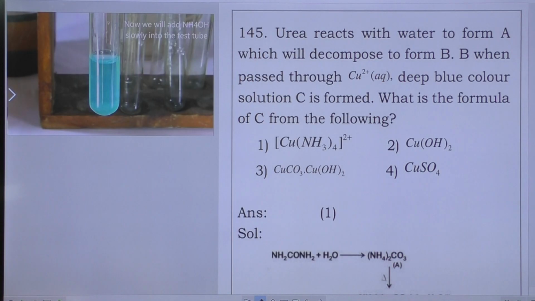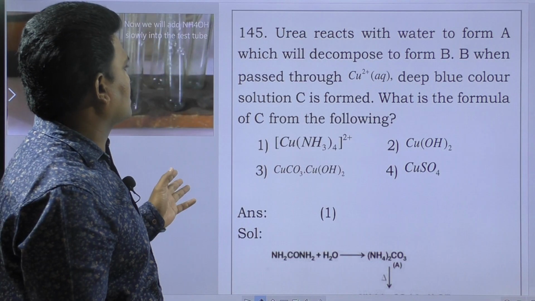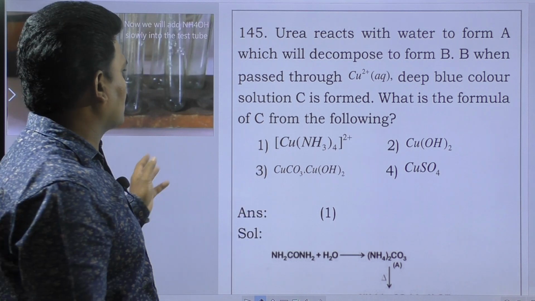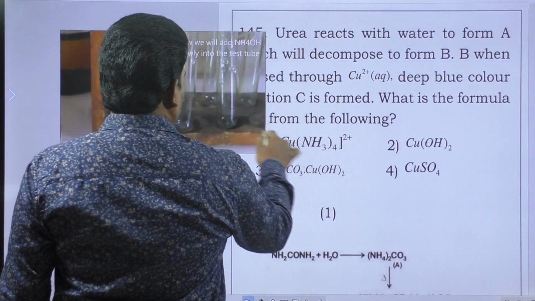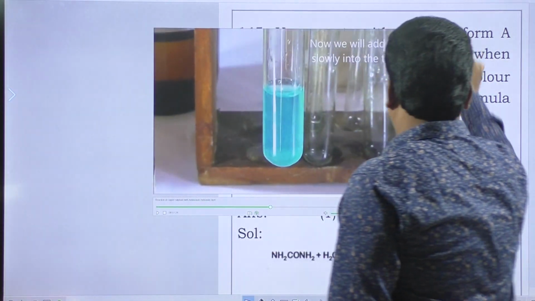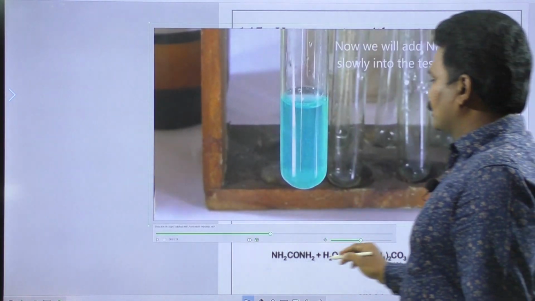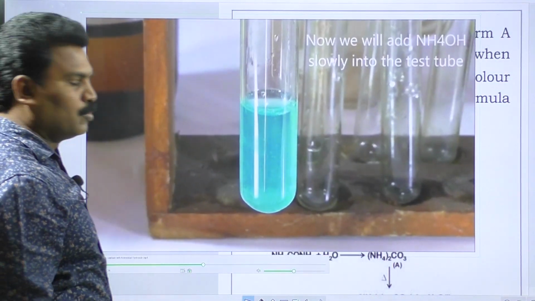145. Urea reacts with water to form A, which decomposes to form B, which is passed through Cu2+ to give D, a blue color solution. That means urea reacts with water to produce ammonium carbonate, that is A, which decomposes to give ammonia gas.